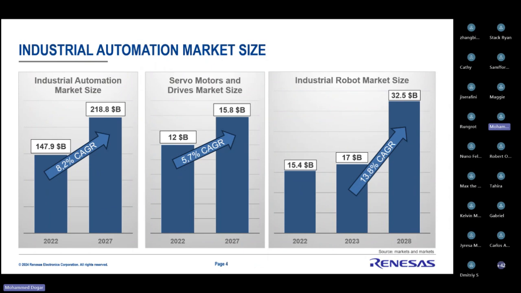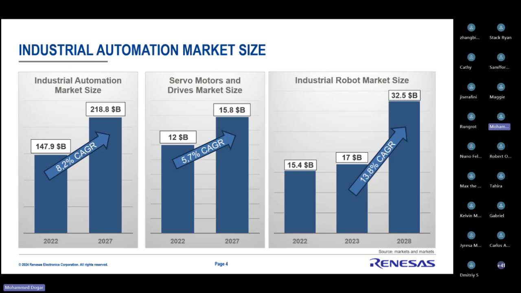The reason I'm bringing this up is, you'll see in my presentation that motors are going to play a key role, of course, in robotics and industrialization, and that's almost 15 billion already. And then the robots themselves, the industrial robots, we're looking at not the consumer, but real industrial devices, is really growing significantly across a whole range of industries.